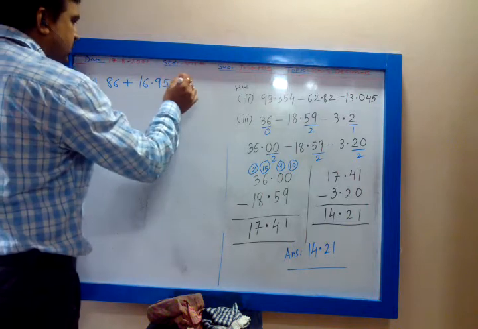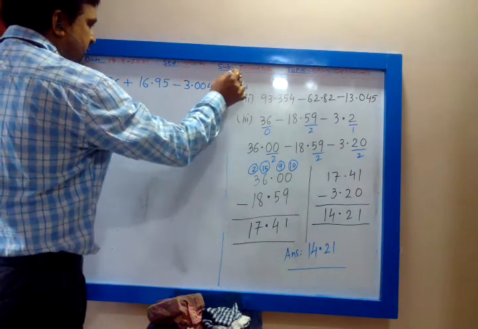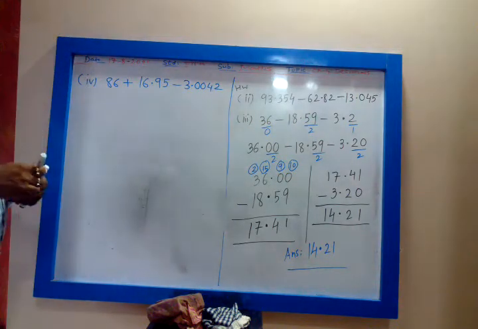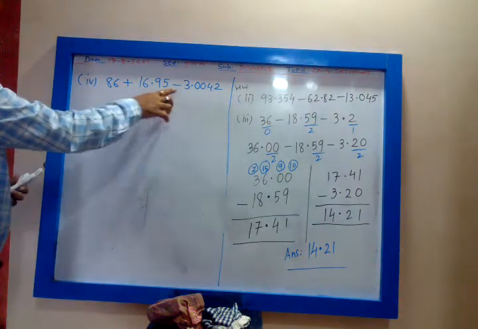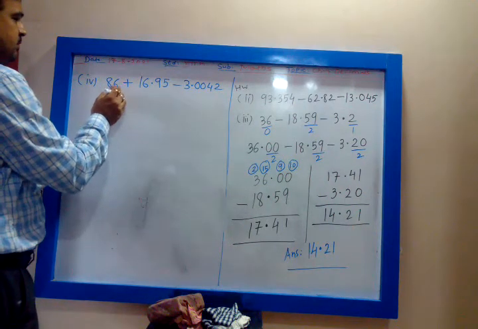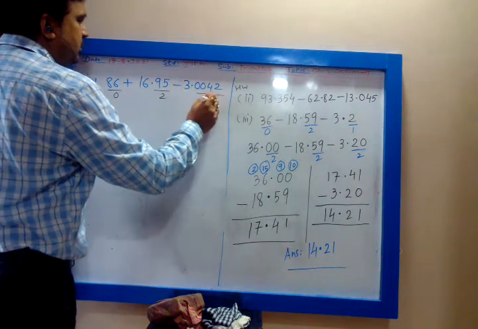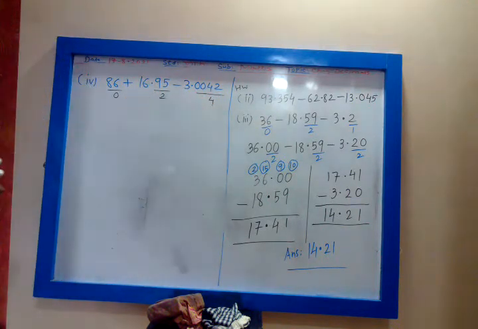So first you check whether they are like decimals. This is plus, this is minus. Number of decimal places 0. Number of decimal places 2. Number of decimal places 4. So they are unlike decimals.